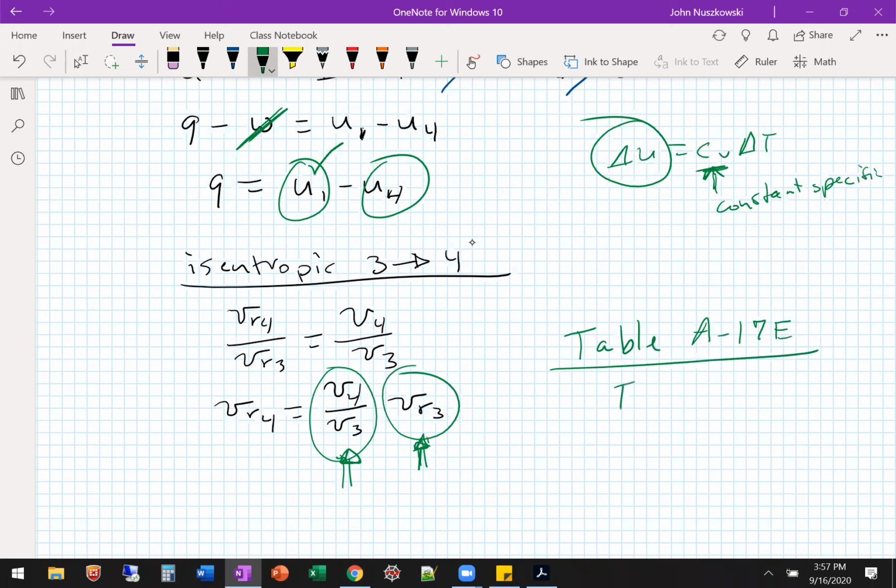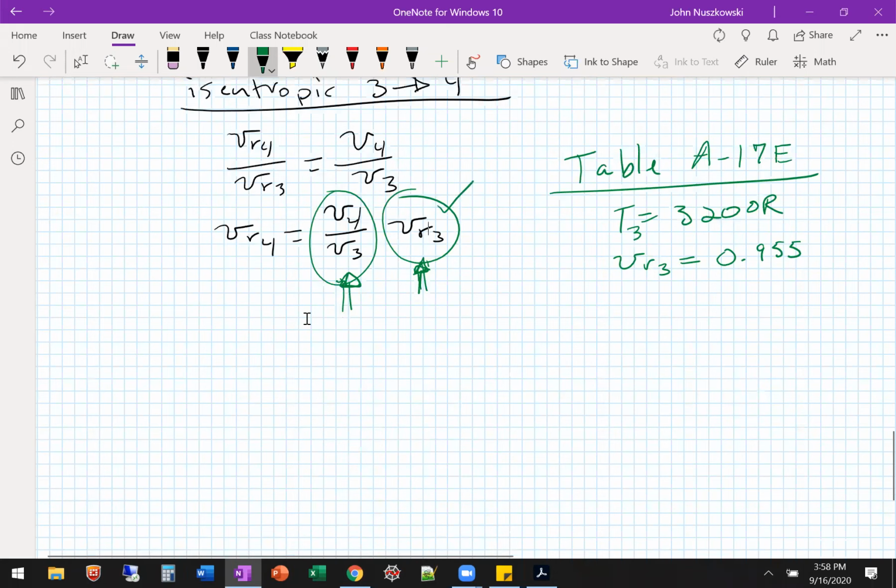Since T is equal to T3, which is 3200, then we can get VR3, and that is 0.955. Yep. All right, so we have that.